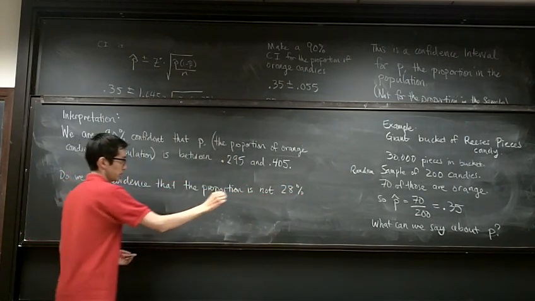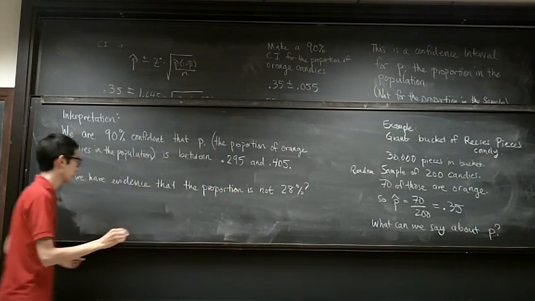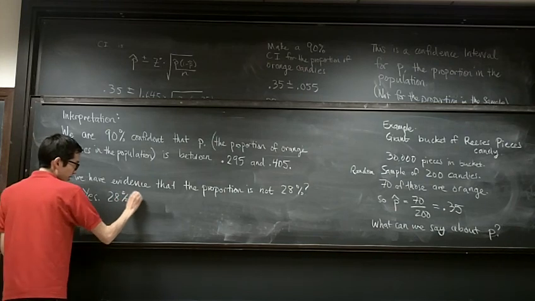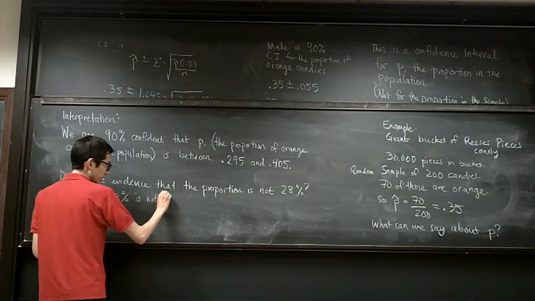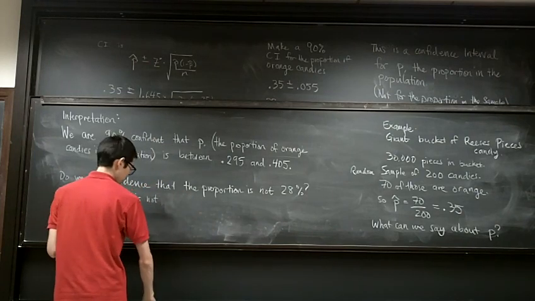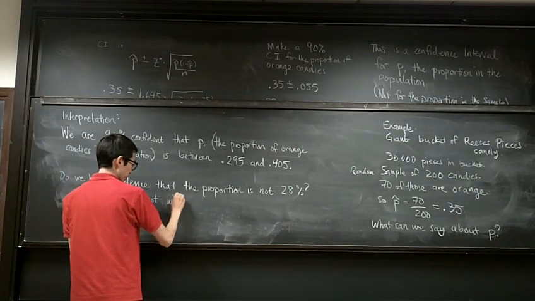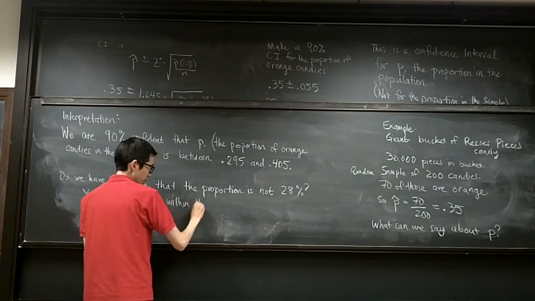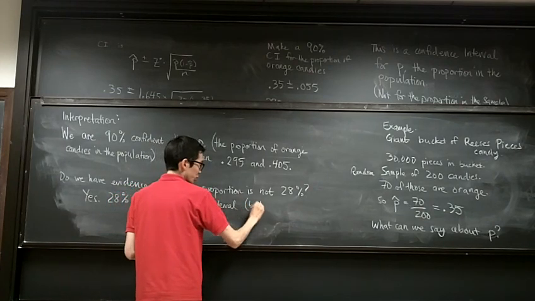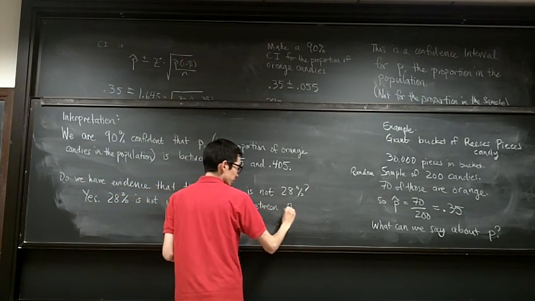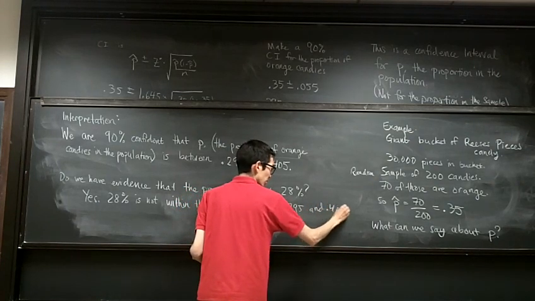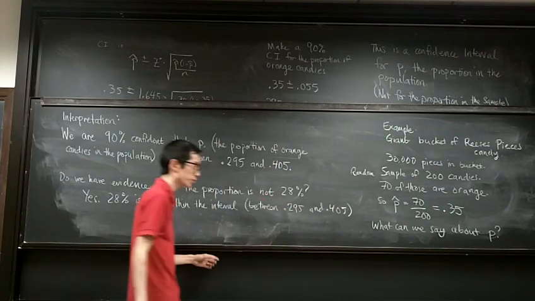We say yes. 28% is not within the interval, not between 0.295 and 0.405.